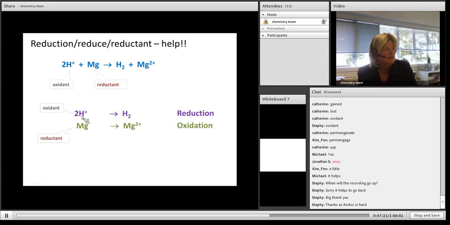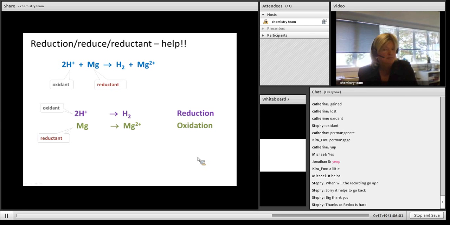But that part of the reaction where the hydrogen ion goes to the hydrogen gas is the reduction half reaction. I've tried using color coding so it's sort of easier to see. So the oxidant is always sitting in the reduction half reaction, and the reductant, which is magnesium, sad face, losing electrons, is always sitting in the oxidation half reaction.